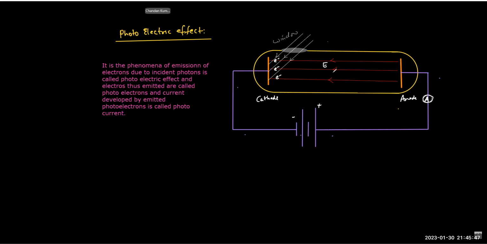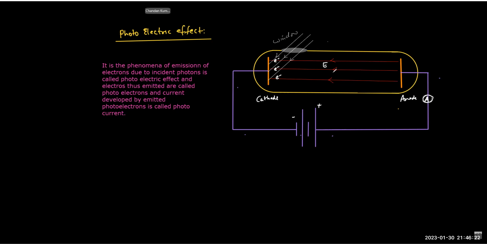Yes, sir. Because the charge is negative, the force will be on the right, isn't it? Yes, sir. And this force will accelerate the electron, and it will eventually reach the anode, isn't it? Yes, sir. And if it reaches the anode, then some current will be detected, isn't it? Yes, sir.